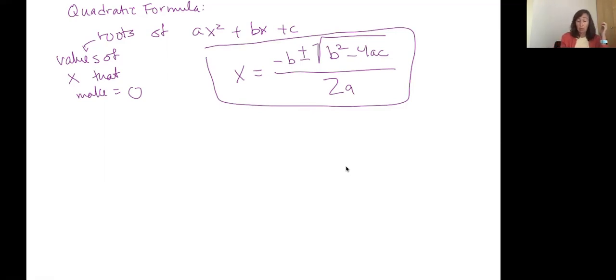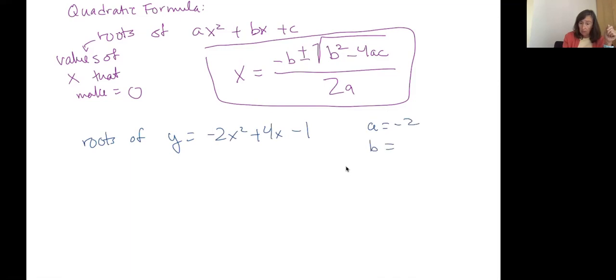So if we want to know the roots of that parabola we were just looking at, let's remind ourselves what it was: y equals negative 2x squared plus 4x minus 1. Okay, so what do we have here? We have a equals negative 2, b equals 4, c equals negative 1. You do have to keep track of the signs here. As always, when we're subtracting the 1, the way we think about that is adding a negative 1.